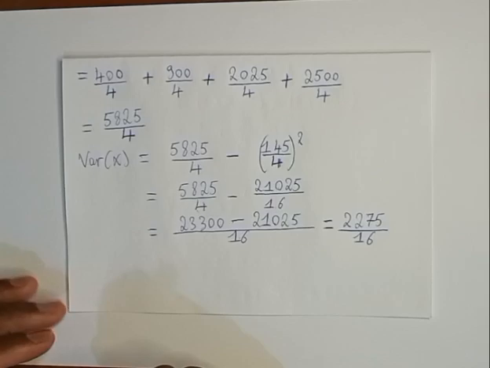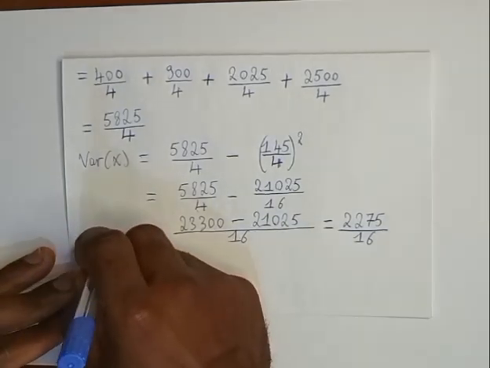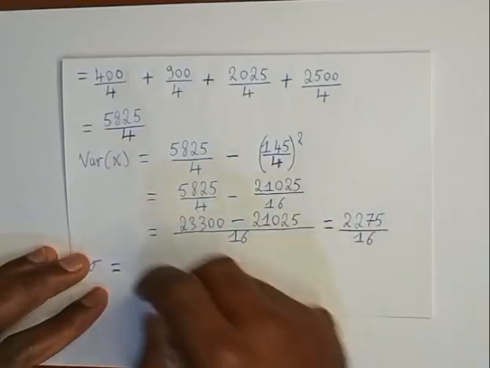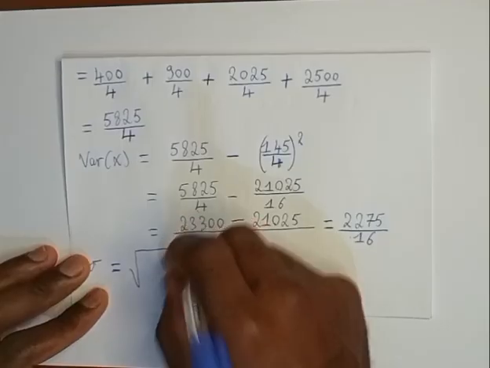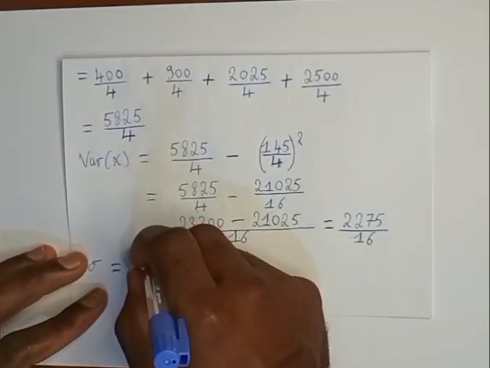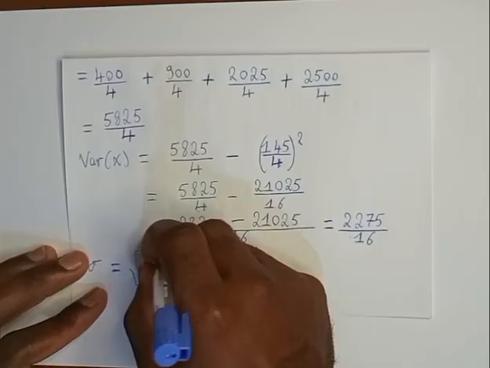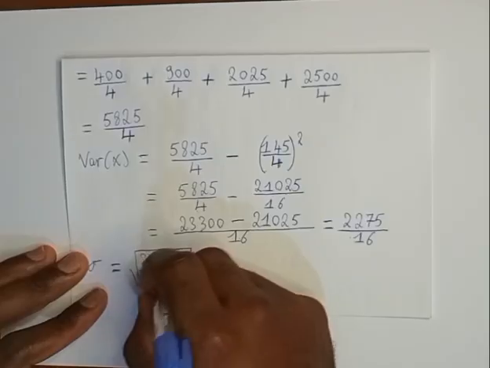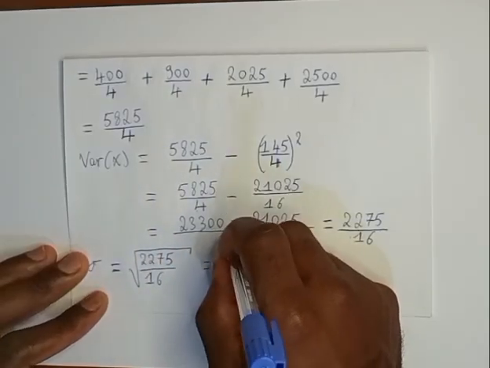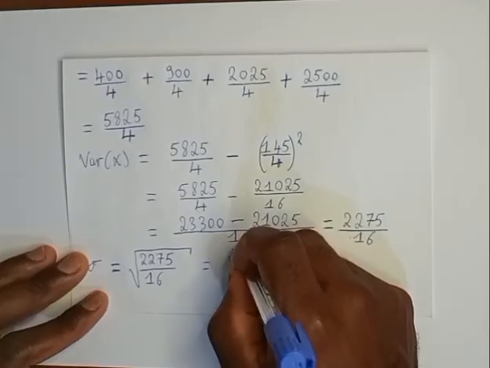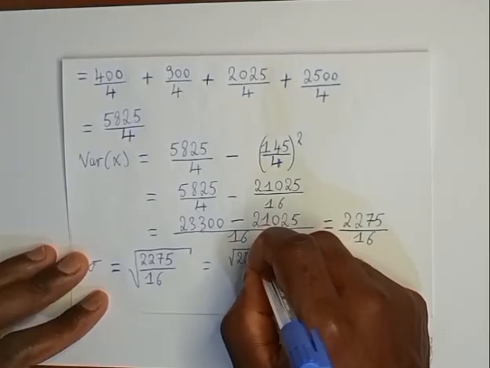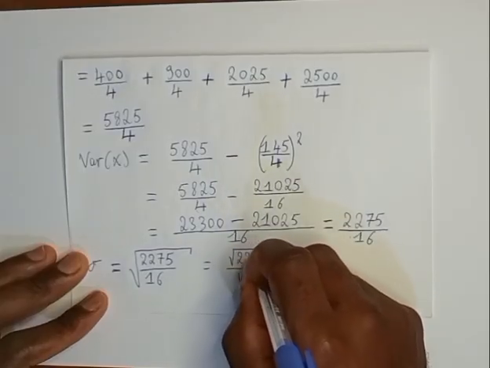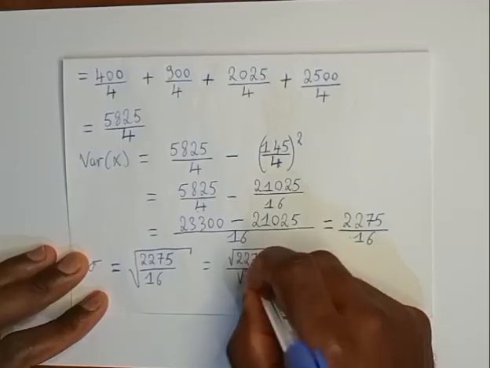Now we can find the standard deviation. The standard deviation is simply the square root of the variance, the square root of this fraction. This will give us the square root of the fraction 2,275 all over 16. And this can be broken as the square root of 2,275 all over the square root of 16.